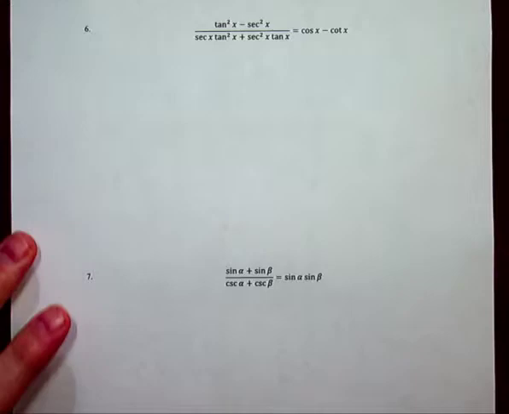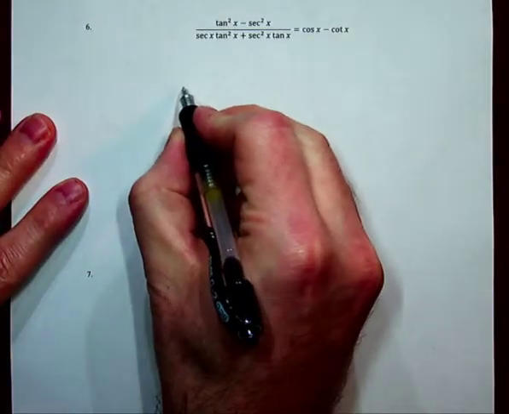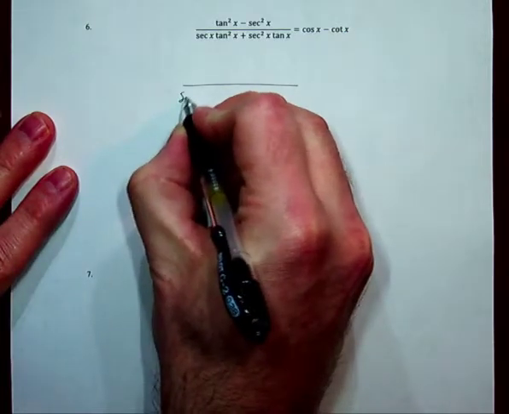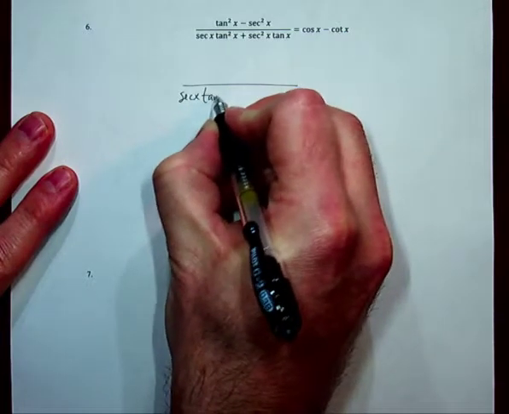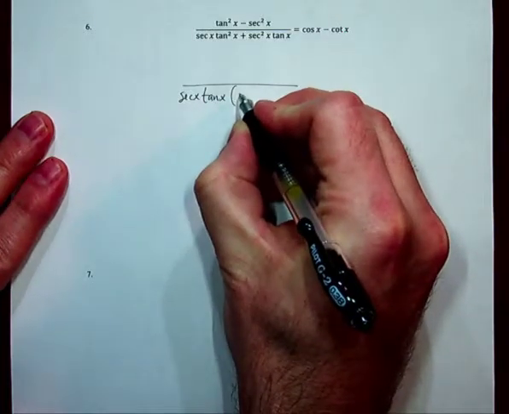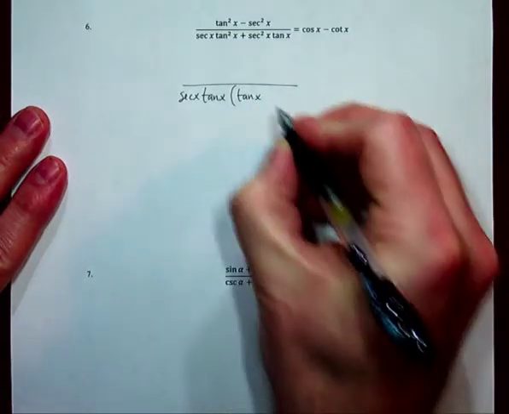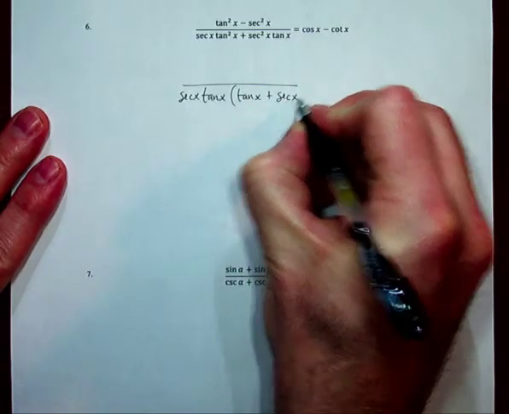The problem is that actually isn't as helpful. Instead, what you want to do is, let's go ahead and factor the denominator first. It's a binomial, but we notice that both of them have a secant x and a tangent x. That means that what's left here in the first term is tangent, and what's left here in the second term is secant.